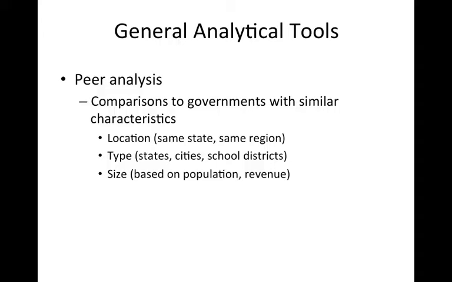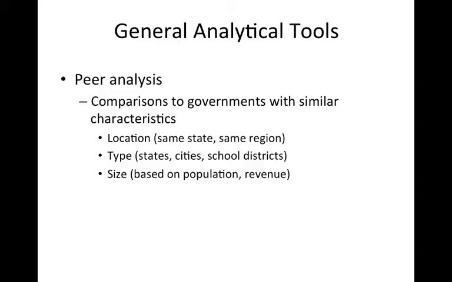or revenue. You can make comparisons between a small village and a large city, but a large city is probably responsible for a lot of things that a small village isn't, and its revenue options are probably broader, and so it's harder to think that those comparisons might be meaningful, or at least not as meaningful as if you were comparing entities of similar size.